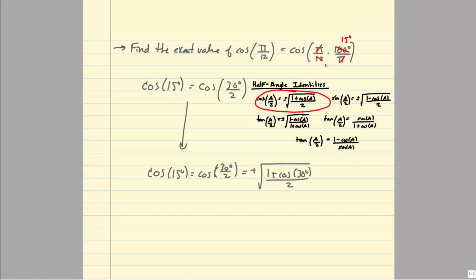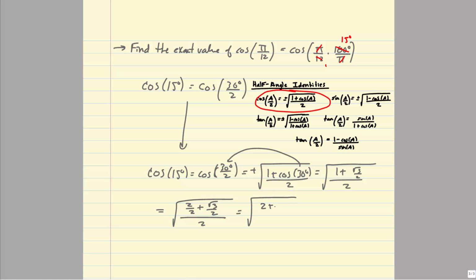And again, I get that alpha, or that A, from here. Cosine of 30 degrees is the square root of 3 over 2, all over 2. Find that common denominator. That would be 2 over 2 plus the square root of 3 over 2, all over 2.